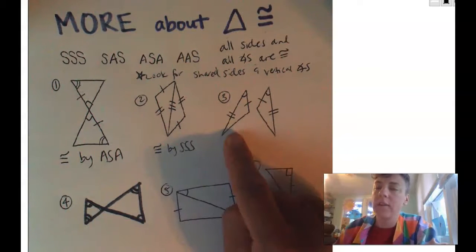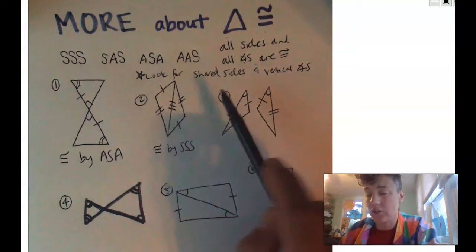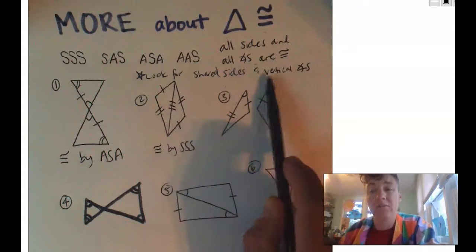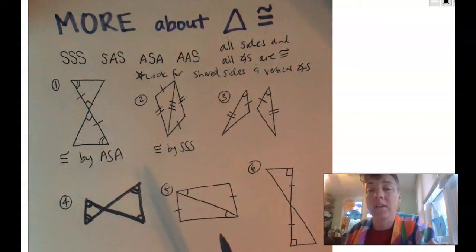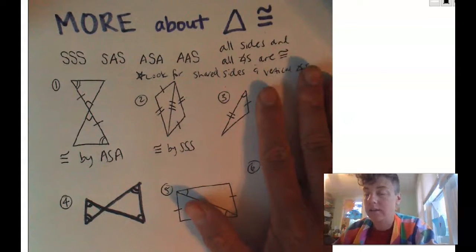Question number 3, these two triangles are not connected in any way, so they're not going to have any shared sides. They're not going to have any vertical angles, so all we have are the things that are given in the picture. Okay, so again, I would still cover up one triangle and read the markings and see what we got.